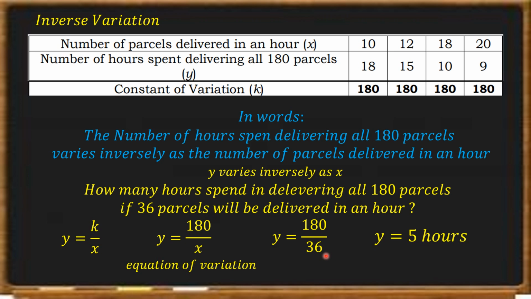And that is equivalent to 5 hours. So your number of hours spending in delivering all 180 parcels, it's 5 hours. If you deliver 36 per hour. So, bawat oras, 36 ang i-deliver nyo. Maramihan per hour. Okay. So, this is inverse variation.